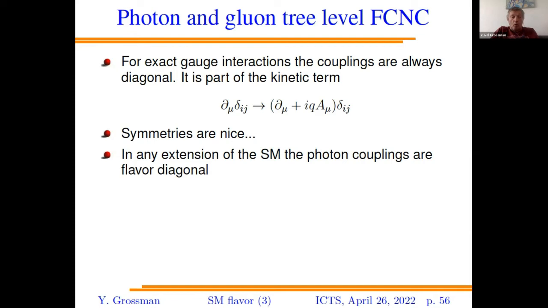Of course, you can work in any basis that you like, but that's the canonical basis, where particles propagate according to the Hamiltonian, etc. So once you define a particle with a canonical kinetic term, the coupling of the photon must be diagonal in this basis, because it comes from the gauge symmetry and the construction of the covariant derivative.